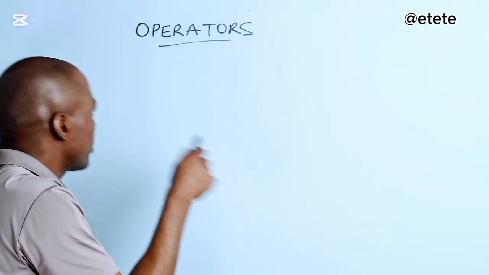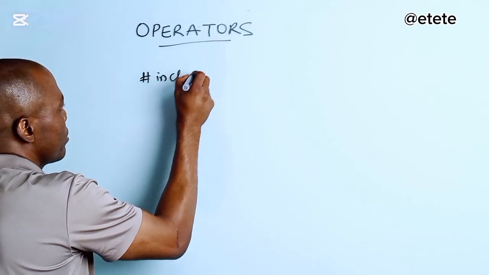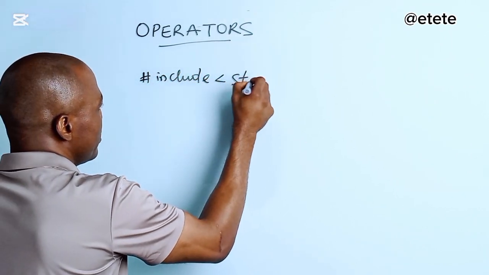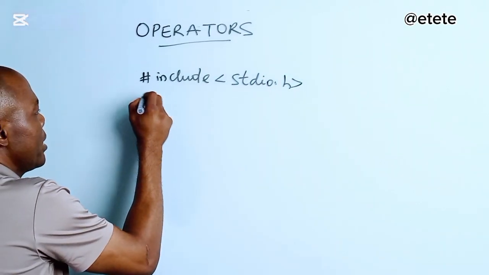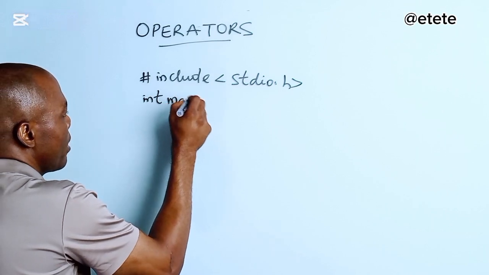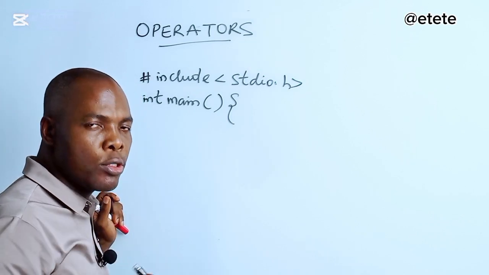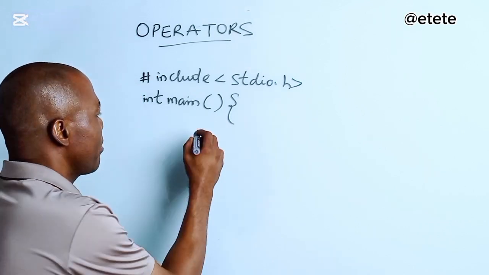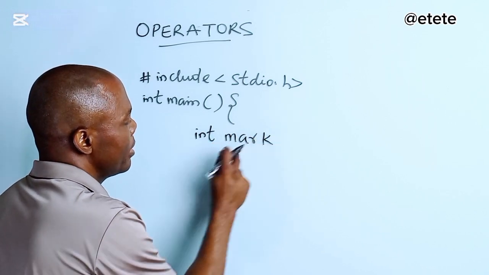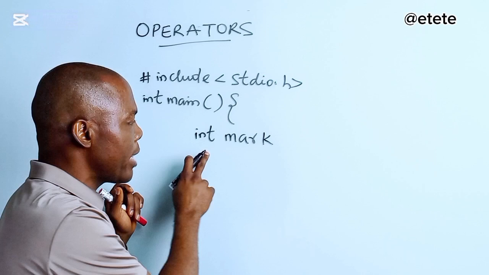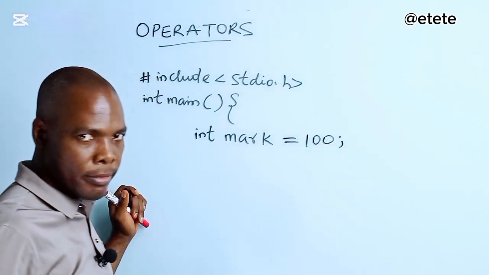Now, if I write a program like this, I say include stdio.h. By now, you should be very familiar with this. Then I say int main, I declare my main function. Inside this place, I'm going to declare a variable in the integer RAM. So I'll say int mark, and I assign 100 to it.